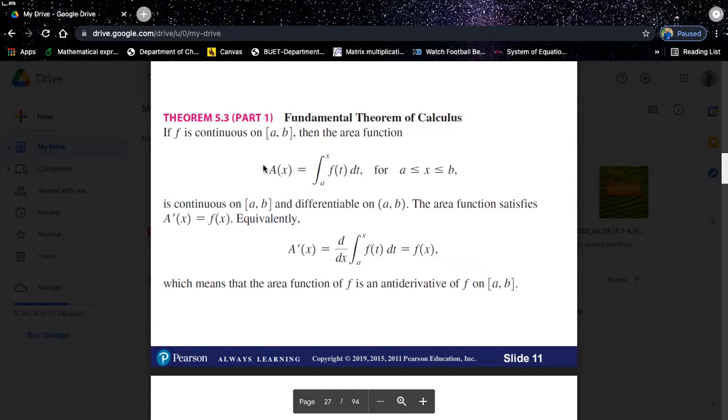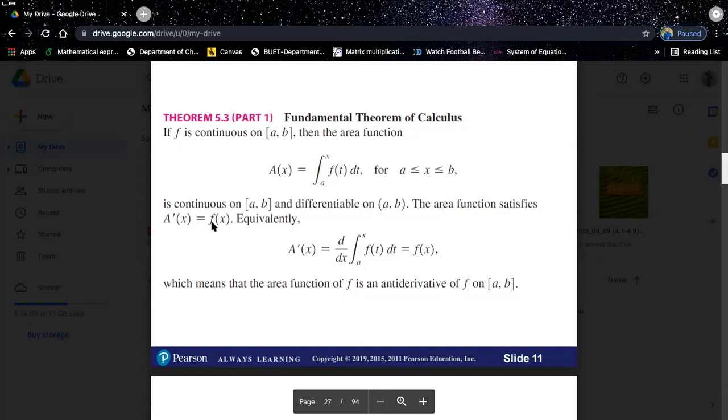And furthermore, if it's differentiable on that interval, initially we said it's continuous. We didn't say anything about the differentiability, but now we are saying that if it is differentiable on that interval, then if you find the derivative of the area function, it will in return give you the original function which we started to work on, which we had initially.